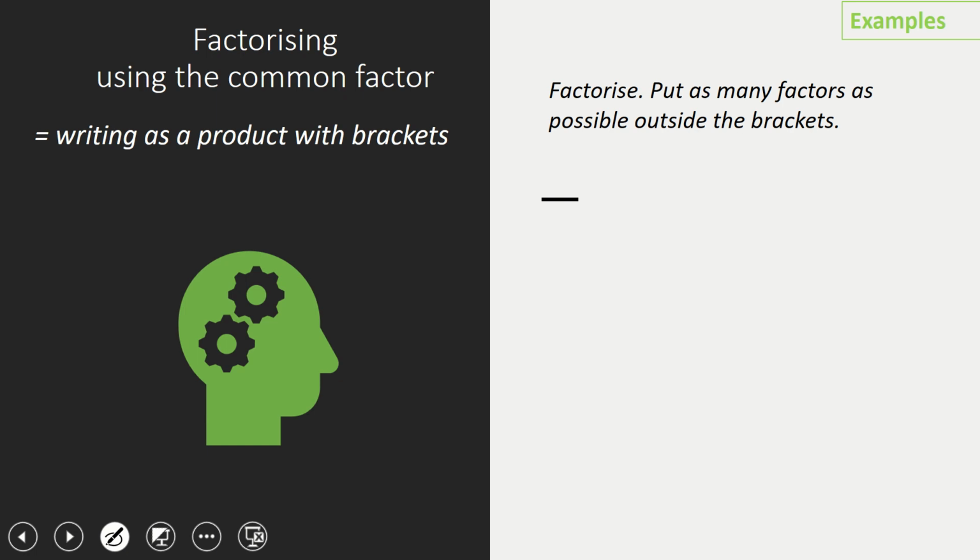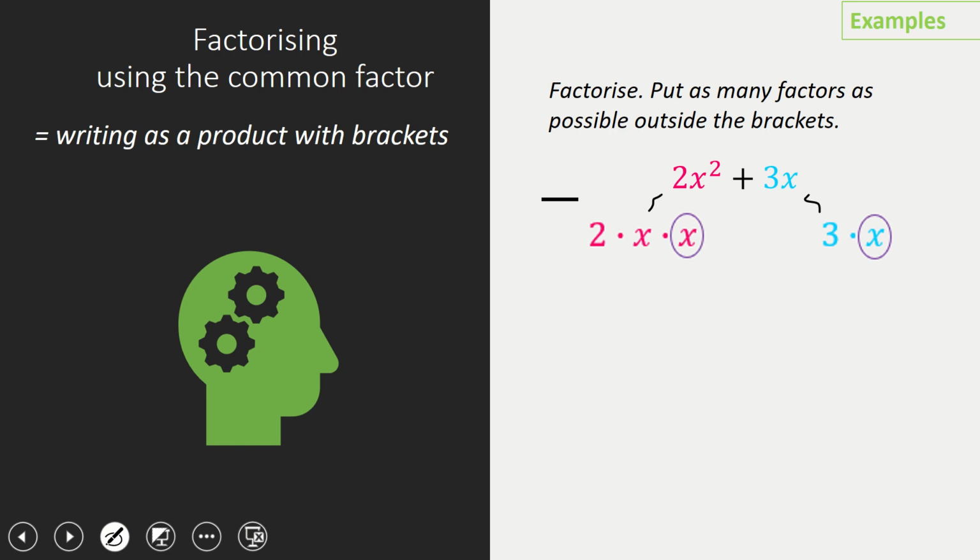So the question could be, factorize, put as many factors as possible outside the brackets. So again, 2x squared plus 3x. We already know what the common factor is. The common factor is the x. We put the x outside the brackets.